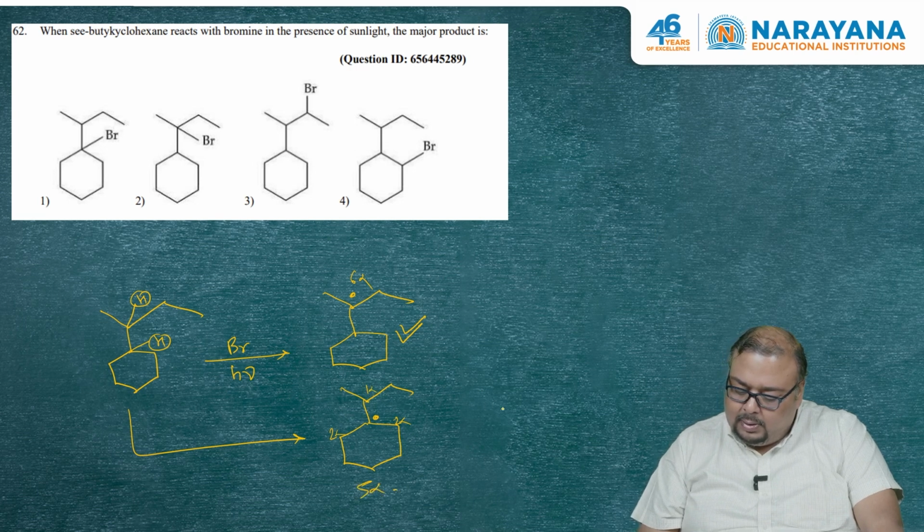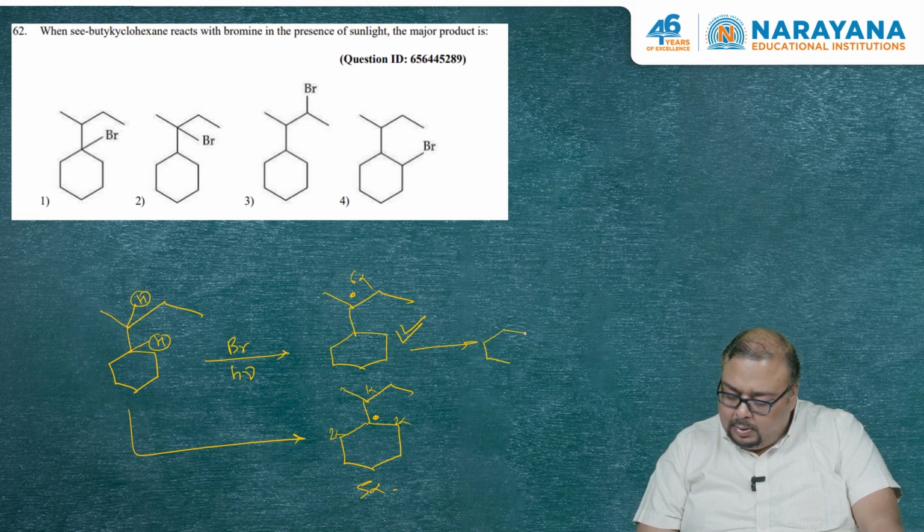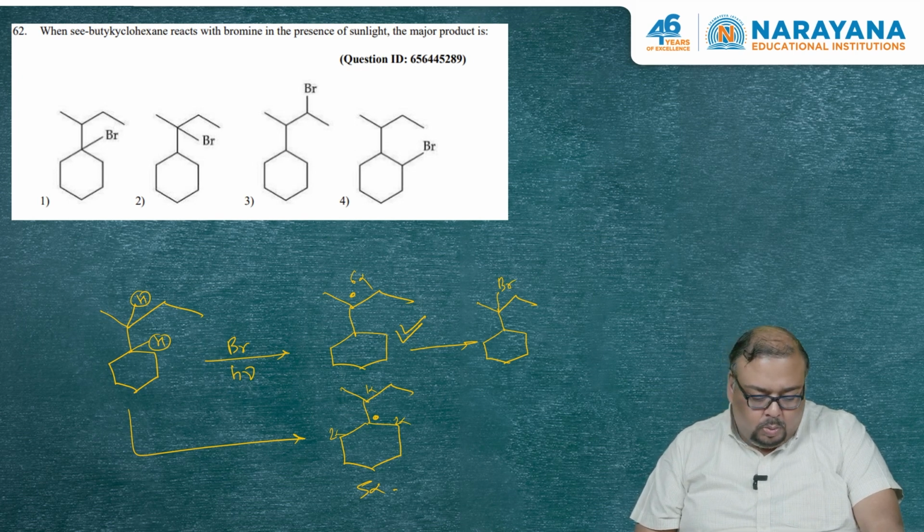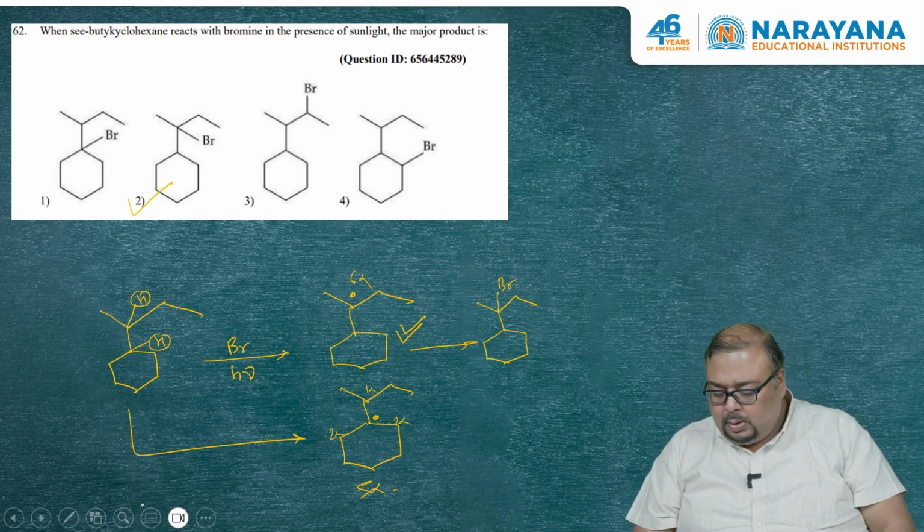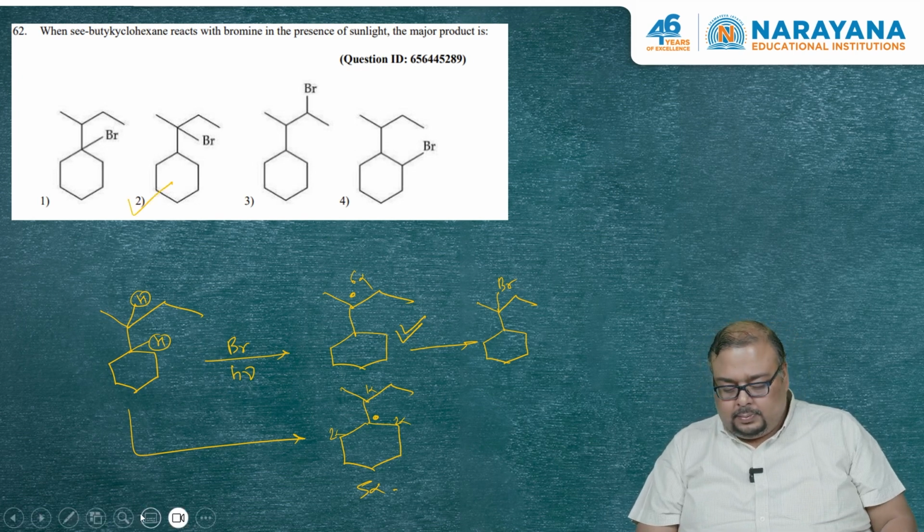So this will give us the major product, which will be something like this. So the correct answer should be option 2. Next is question number 63.